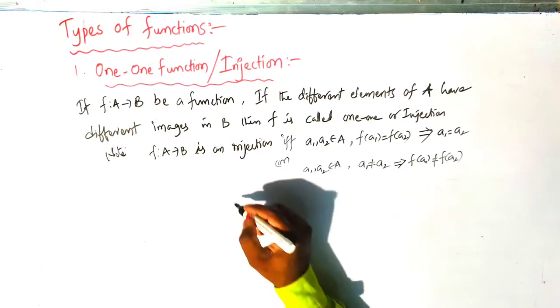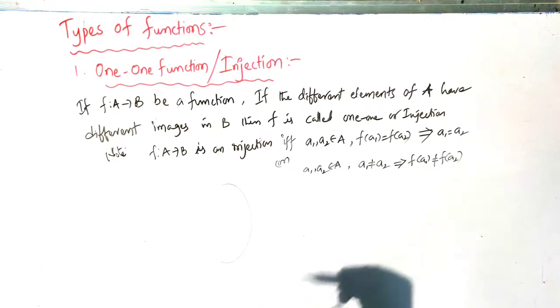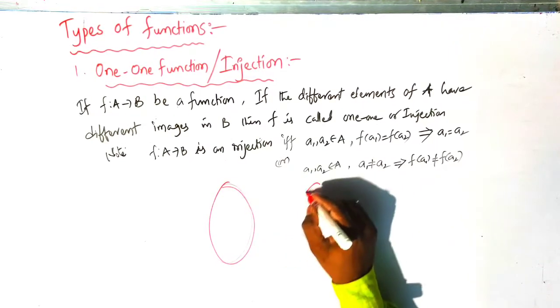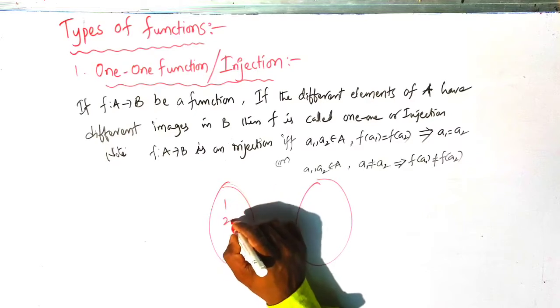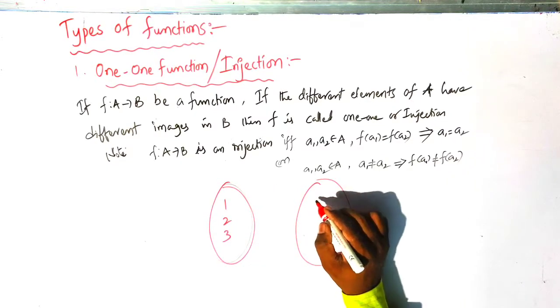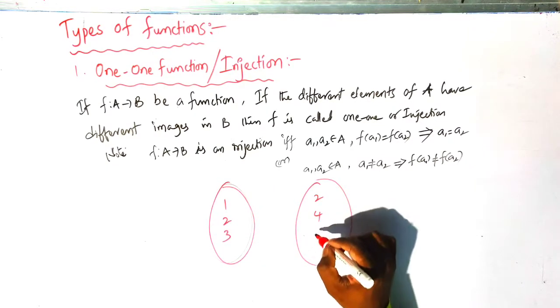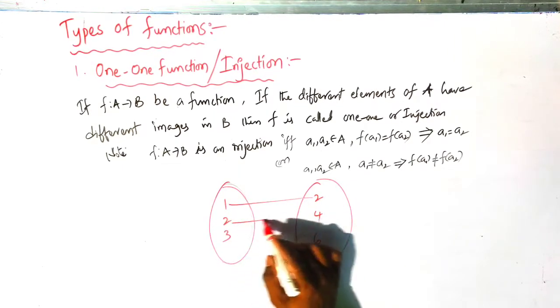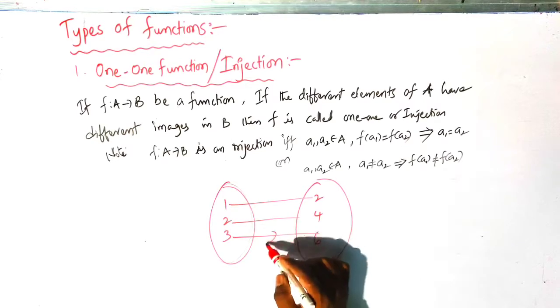Okay, so for example, we take here 1, 2, 3 and 2, 4, 6. So 1 to 2, 2 to 4 and 3 to 6 we take here.